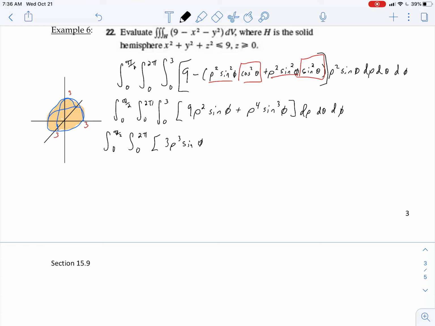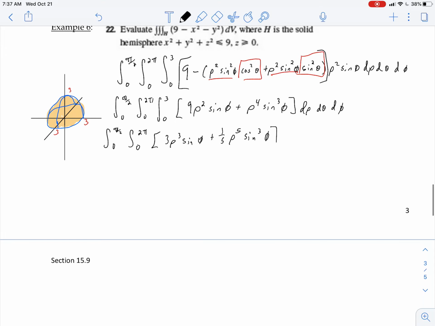That's just going to be 3 rho cubed sine phi plus 1/5 rho to the 5th sine cubed phi, from 0 to 3 d rho. Not d rho, d theta, d phi. All right, we'll clean that up a little bit.